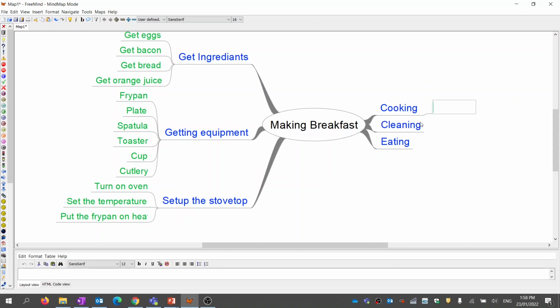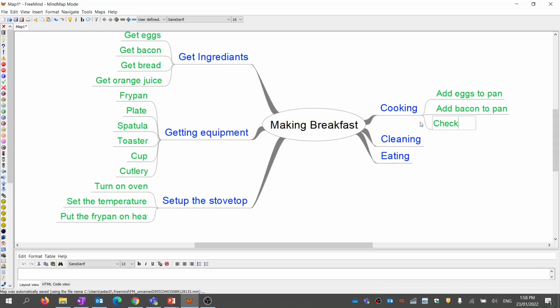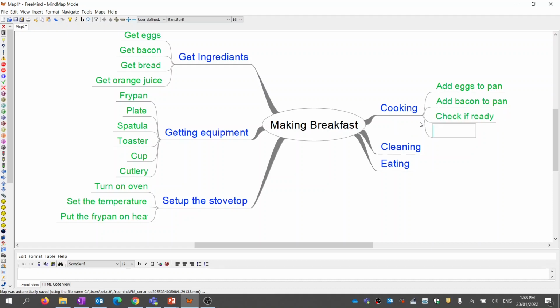So when I cook, I need to add the eggs to the pan, add the bacon to the pan. Probably need to check if they're ready. If they're ready, I probably need to take them off the heat.